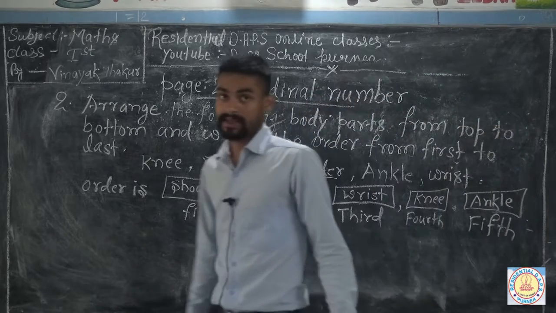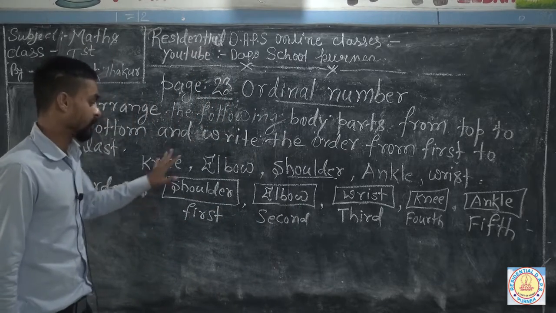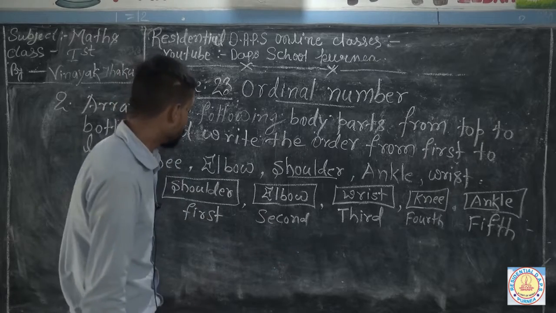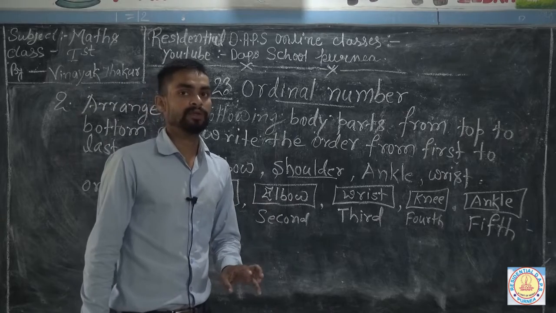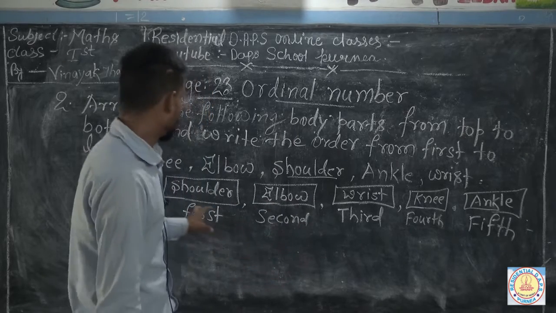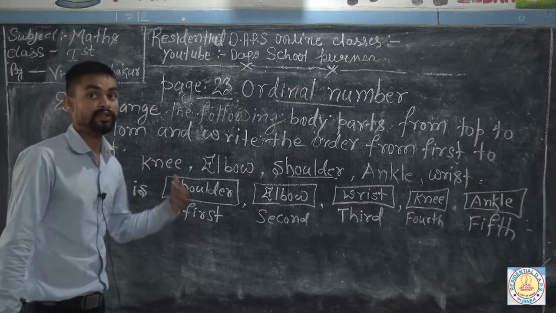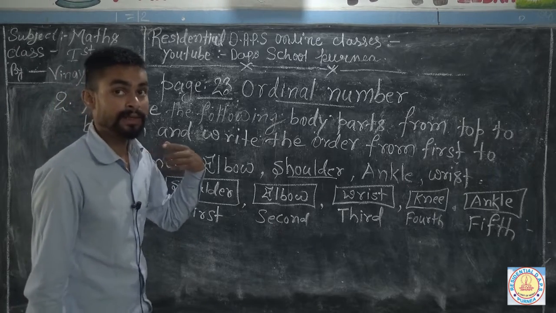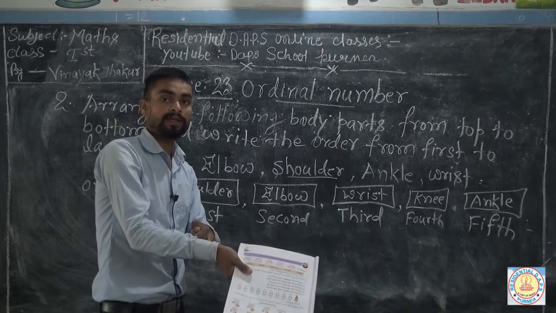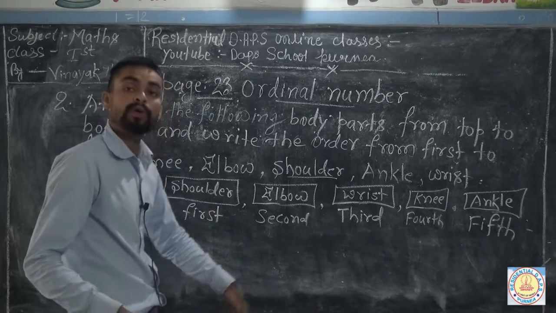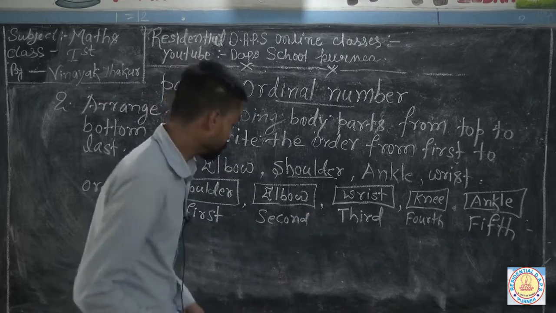So we can easily find these body parts in their right order. You can find it easily, because you also know that shoulder is your first part, then elbow comes up, then your wrist, and then knee comes up, and after knee your ankle is in your bottom part.